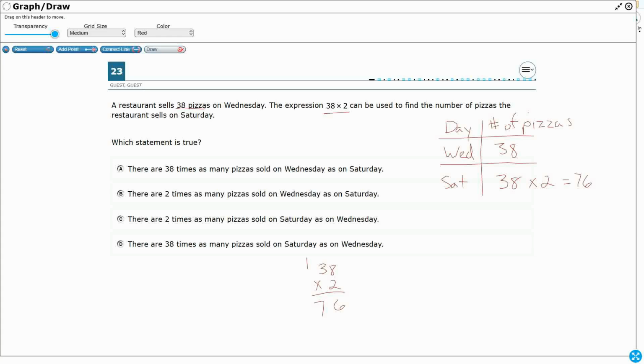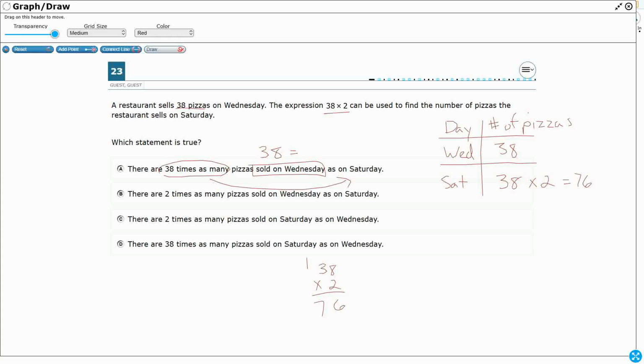There are 38 times as many pizzas sold on Wednesday as on Saturday. When we see it like this, we're going to take as many pizzas sold on Wednesday, so that's going to be 38. And then we're comparing that, saying it's 38 times as many pizzas as on Saturday. So we almost have to rearrange it.